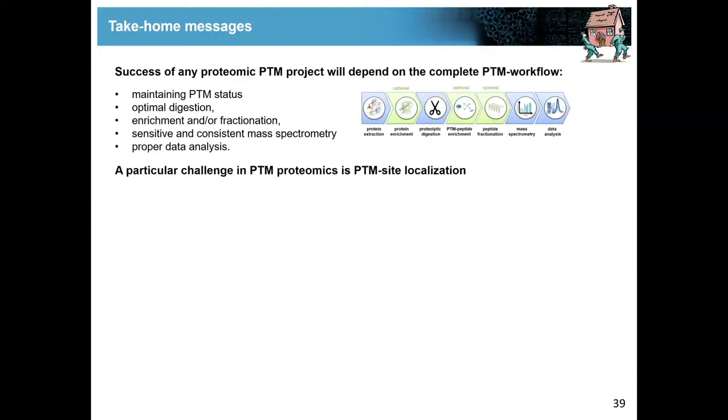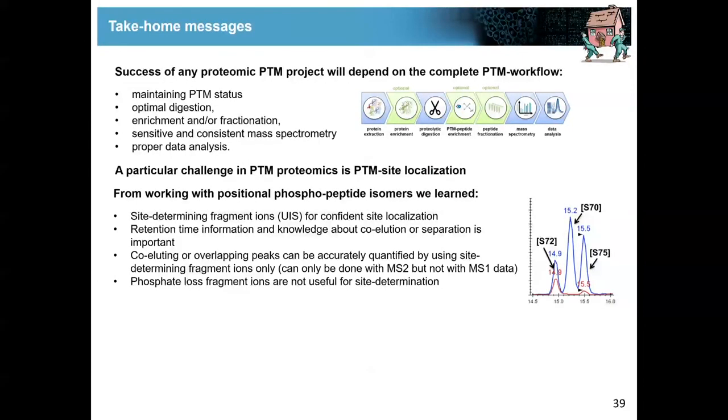A particular challenge that we have in proteomics is PTM site localization. And from working with these positional phosphopeptide isomers, we learned that site-determining fragment ions can be used to localize PTM sites, and that retention time information about whether things are coeluting or separated is really, really important to query the data in the right way.